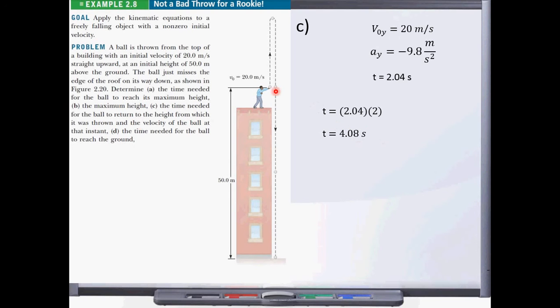Now, what is the velocity at this point? This is also with logic. Of course you can also use the same equations, but I recommend you use the logic a little bit. The velocity that you have at this point is going to be the same velocity that you have at this point, but in the opposite direction.